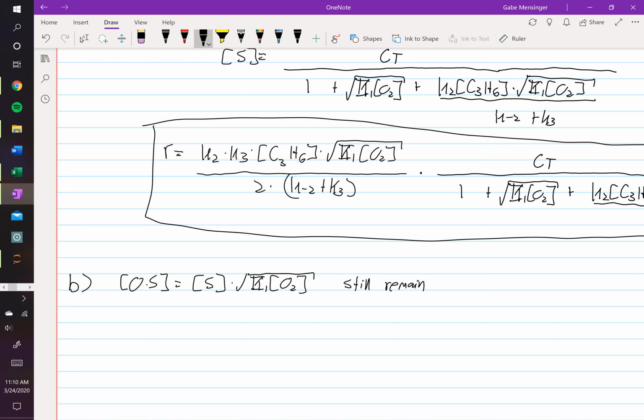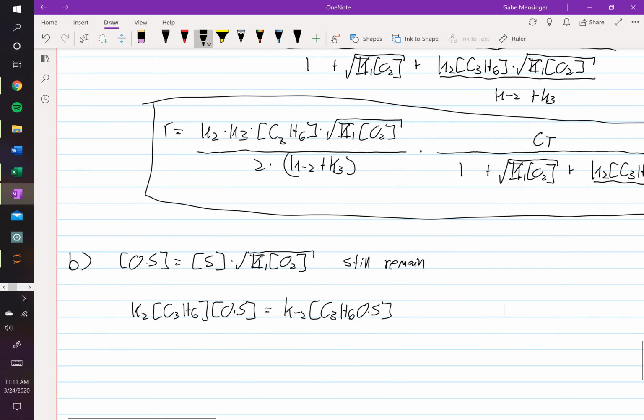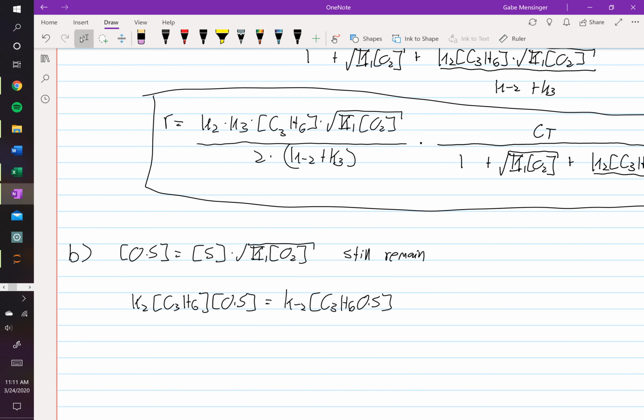So the big difference is QE on step 2, and when we assume QE on step 2, we can say that K2 minus 2, oh my gosh, C3H6 O*S. There we go. This is our QE assumption on step 2.